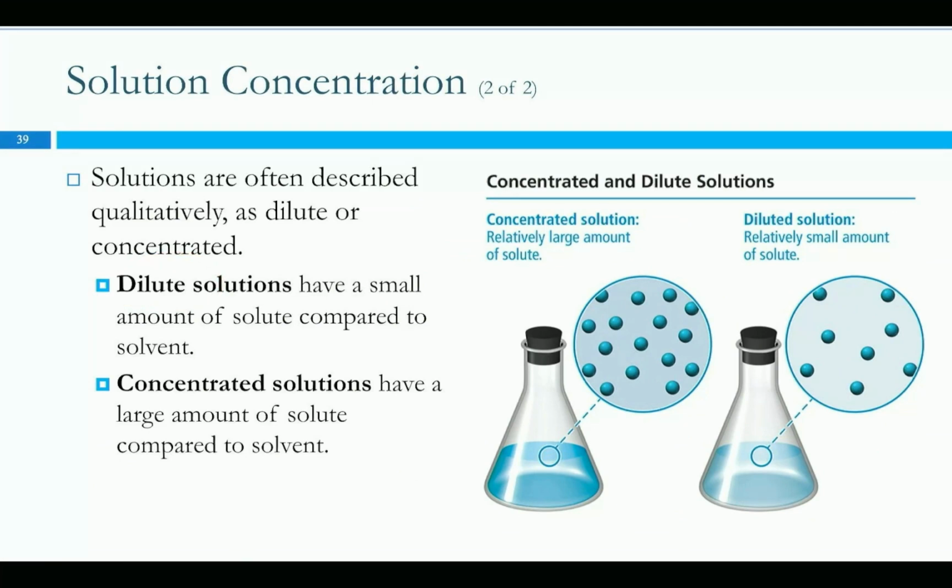You might consider tap water around here to be a very dilute solution of magnesium and calcium. Concentrated solutions have a large amount of solute compared to the solvent. Those are the very qualitative definitions of concentration.